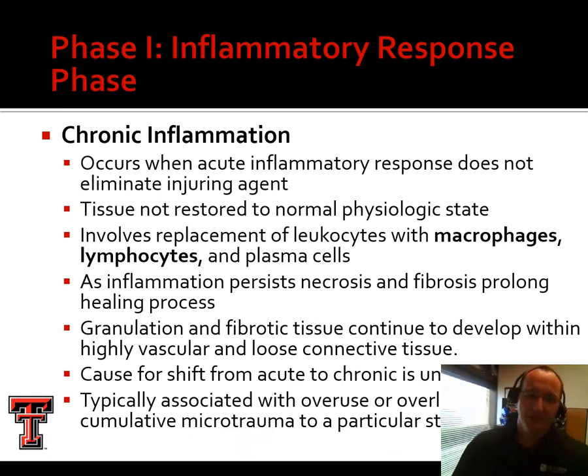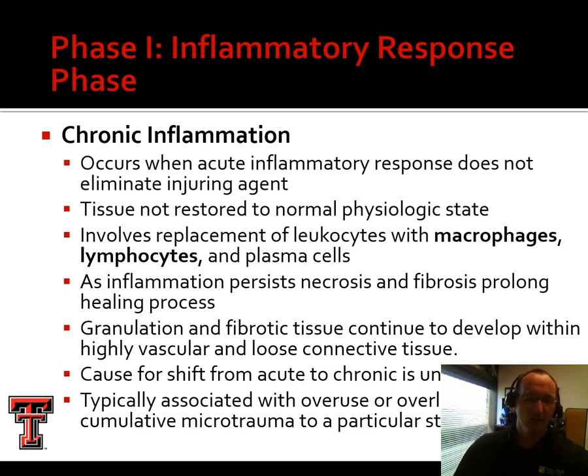Now, we can get stuck in a period where inflammation lasts well beyond its usefulness. Okay, so early on in the injury process, inflammation can serve to prevent us from worsening the condition. However, when that inflammatory response doesn't eliminate the injuring agent, then it's said to be chronic. Okay, if it persists, then we actually start to have tissue death, necrosis, and then fibrosis, where we get scarring that makes that healing process take even longer.